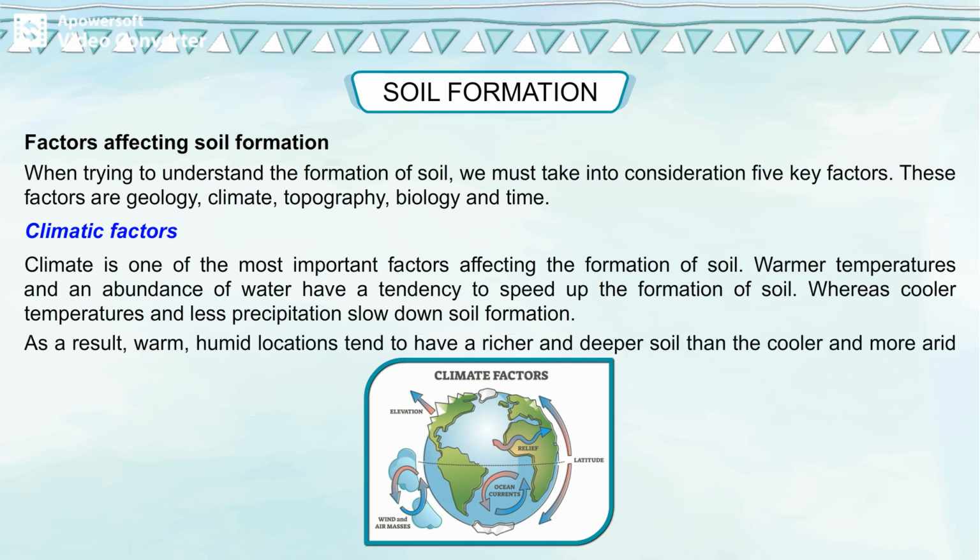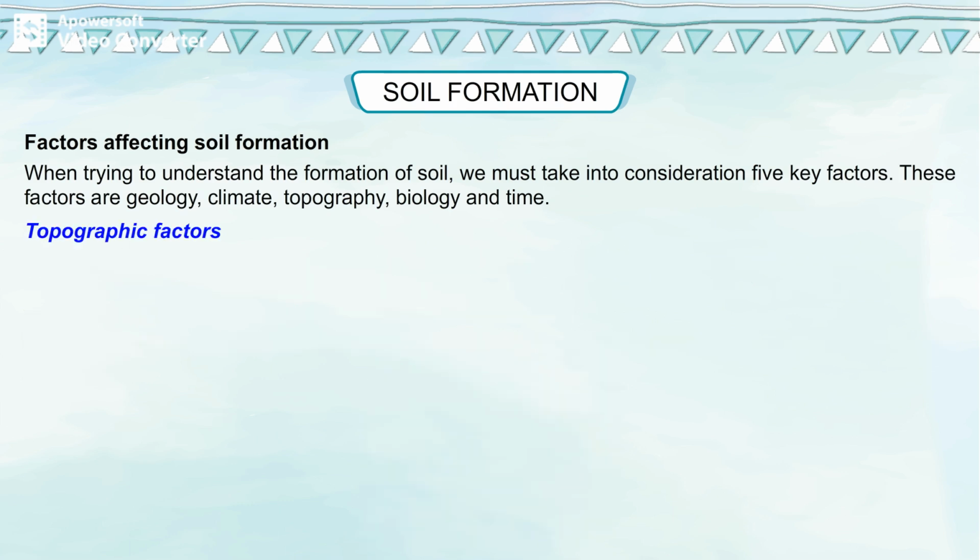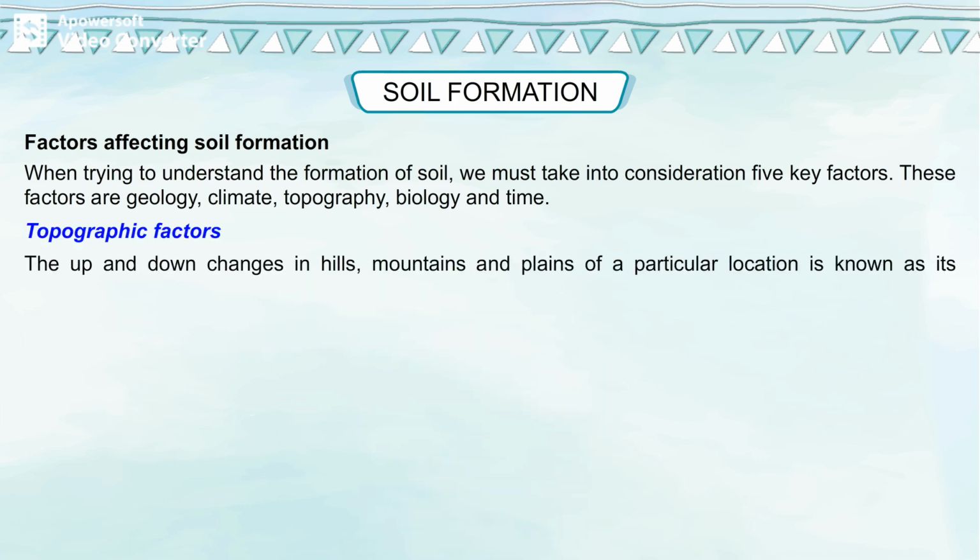As a result, warm, humid locations tend to have a richer and deeper soil than the cooler and more arid landscapes. Topographic factors. The up and down changes in hills, mountains, and plains of a particular location is known as its topography. Topography has an important influence on how soils form.